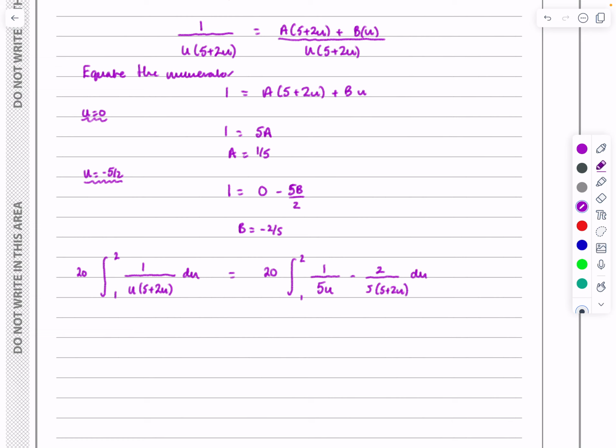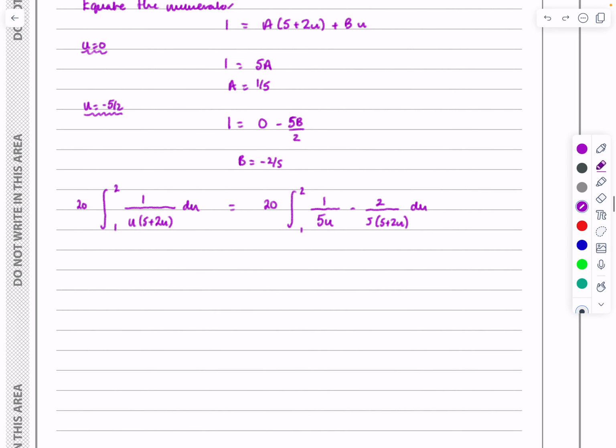And I can see here this fifth can cancel out with that 20 there, fifth in both of them. So I'll get 4 outside my integral here. So I think I've actually got equals the integral between 2 and 1 of 4 times 1 over u, and minus 2 over 5 plus 2u du.